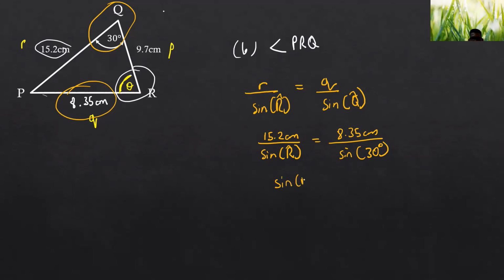We end up with sine R divided by 15.2 centimeters is equal to, we also need to flip this side, sine 30 degrees divided by 8.35. And the only reason I'm flipping is because what we want to find is in the denominator, and then flipping is one of your best options.